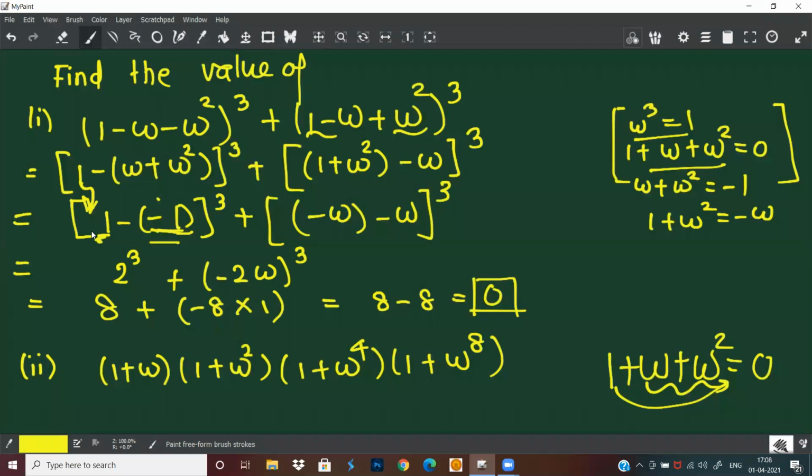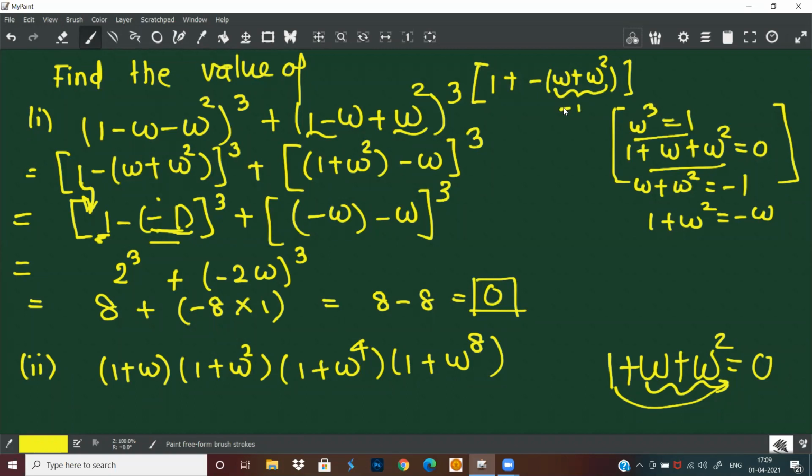1 plus. Why? Yeah, so plus into minus is minus only, beta. What you are saying is, here I should be writing 1 plus like this, right? Correct, it is equal. So what is this? Omega plus omega square. This is -1, right?